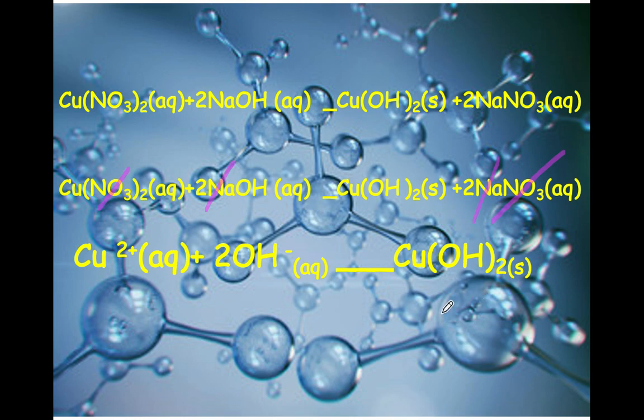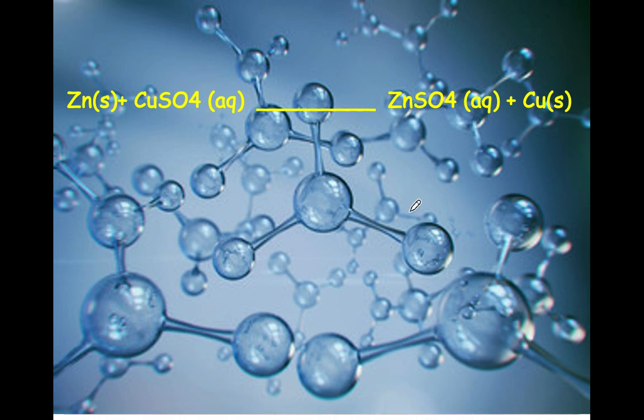Let's get another example. Zinc in the solid state plus copper sulfate in the aqueous state. The zinc is more reactive than copper, so it will replace it. Zinc sulfate in the aqueous state plus copper in the solid state. Now, in order to get the ionic equation, we're going to dismiss the same state.